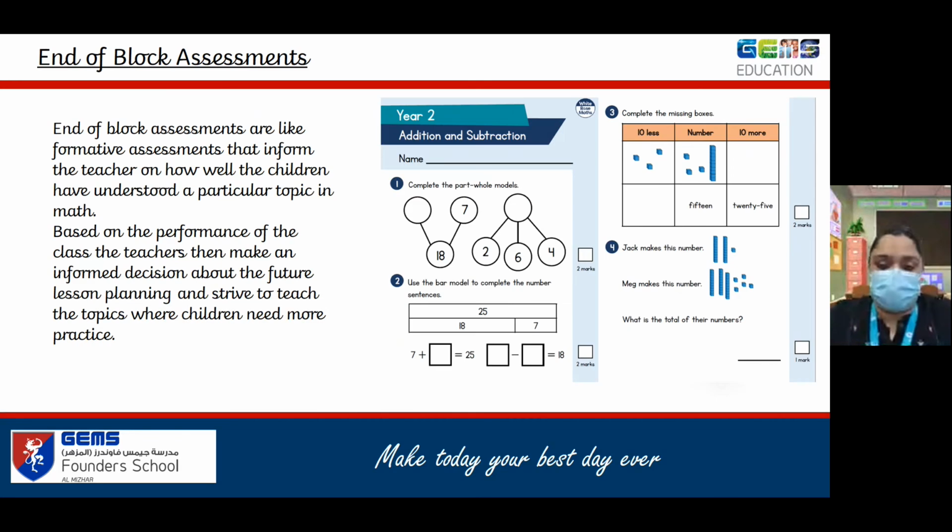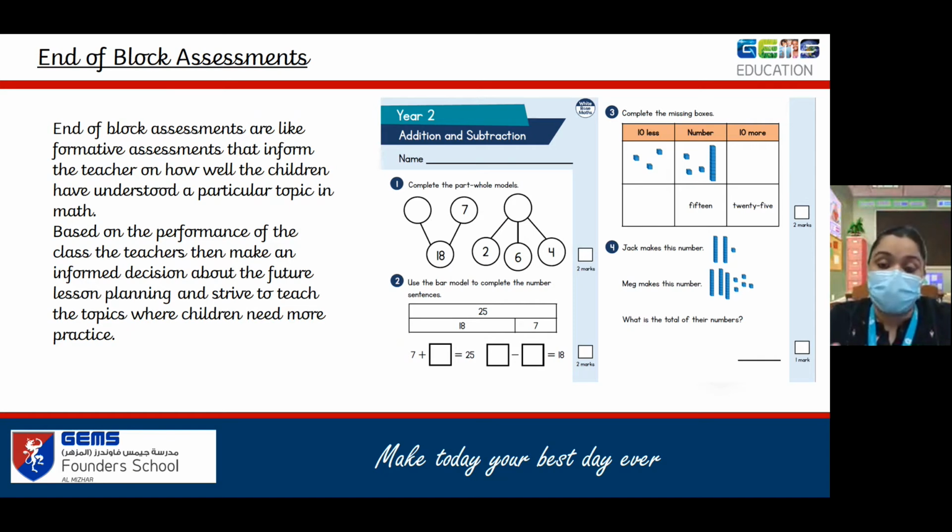End of block assessments. Basically, these are short assessments, like formative assessments, that inform the teacher on how well the children have understood a particular topic or a concept in the math lesson. Based on the performance of the children in the class, the data helps the teachers to make informed decisions about future lesson planning.